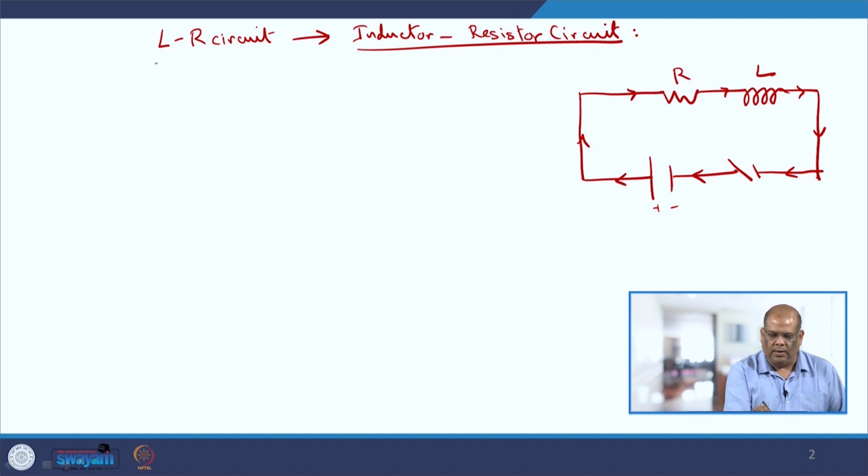So, here let us start with some definitions.